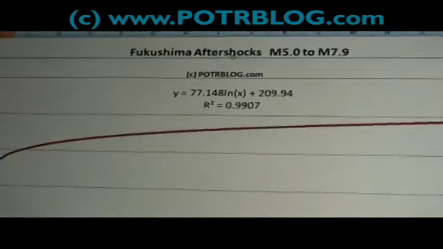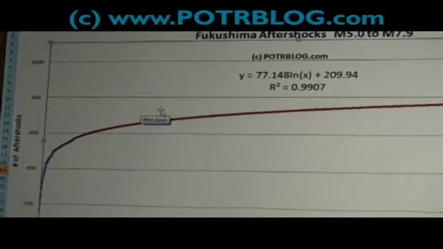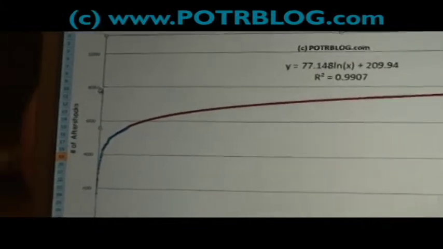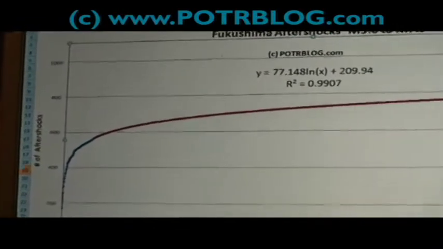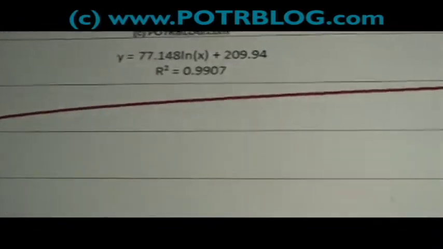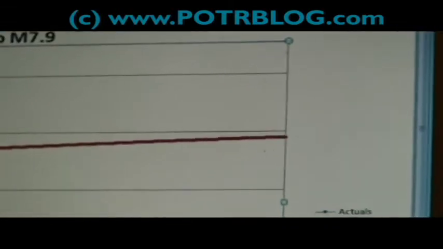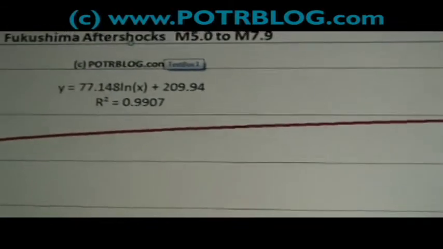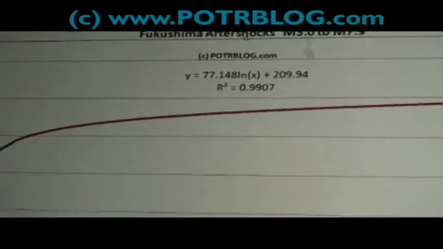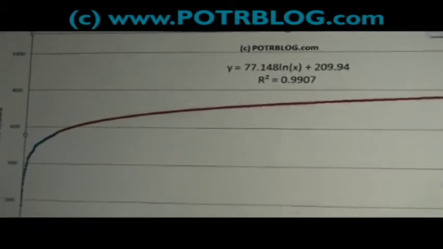And if you look here, you can see it doesn't quite follow that path, but it's because we level out at roughly 800 aftershocks after 4.5 years. But the ratios there are pretty solid. So what I've done here is I've made a set of charts. This is for magnitudes 5 through 7.9.